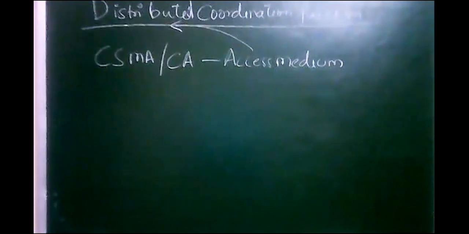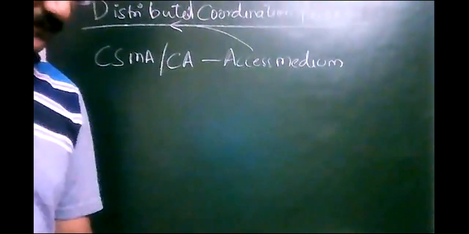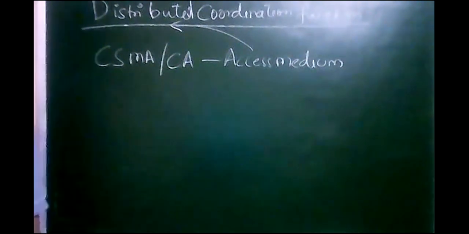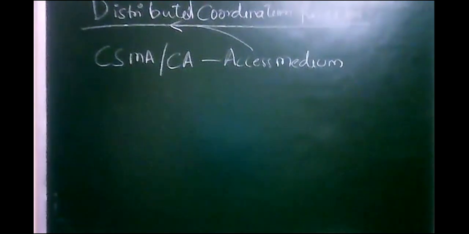CSMA/CA, as we know, is carrier sensing multiple access with collision avoidance. So what is happening in CSMA/CA?